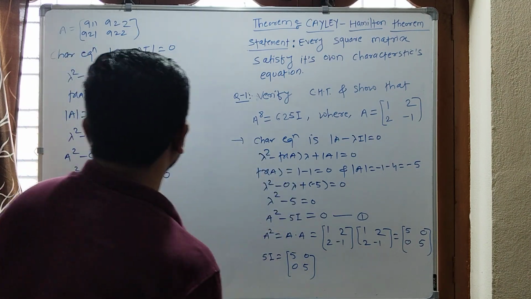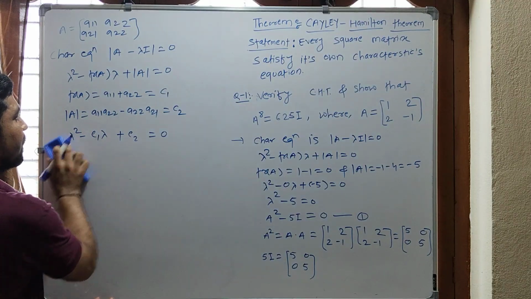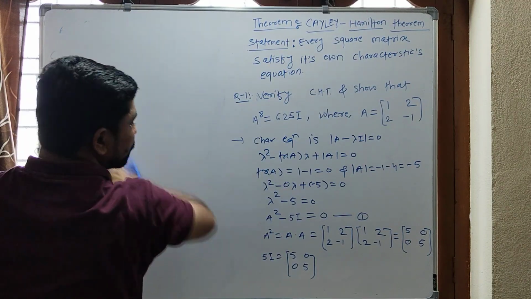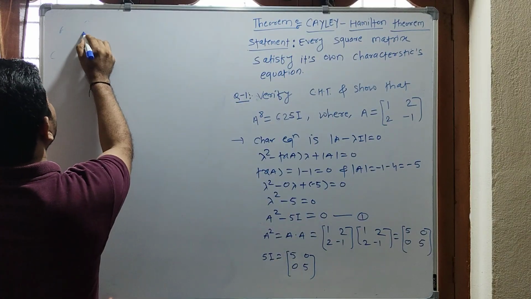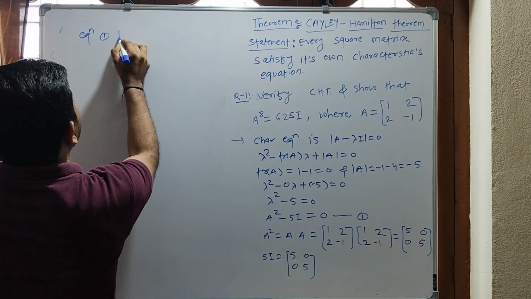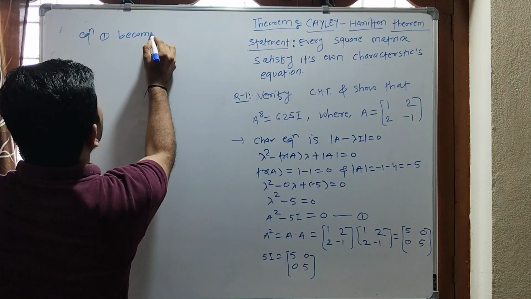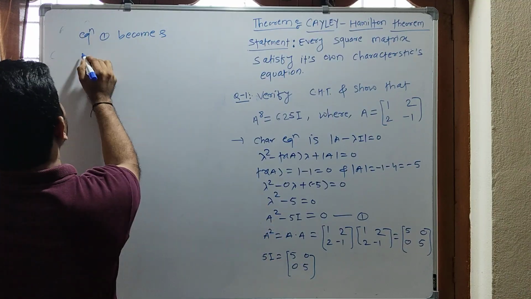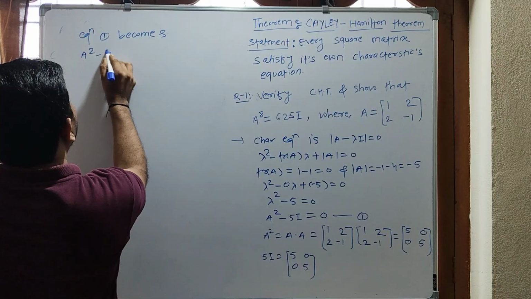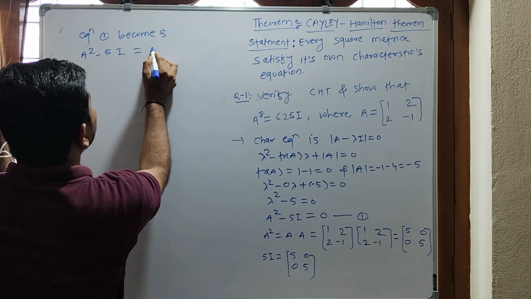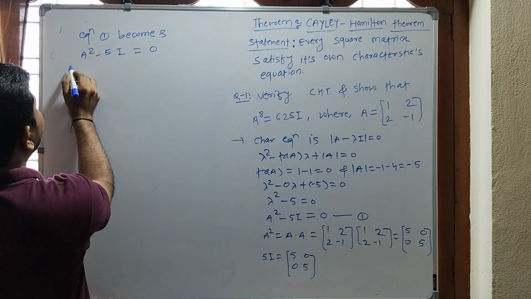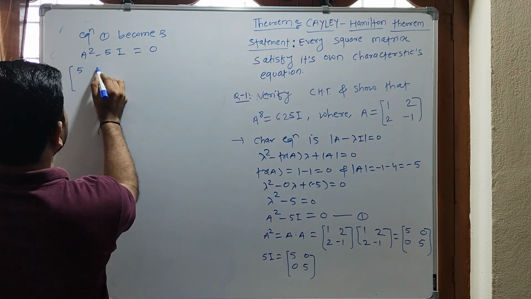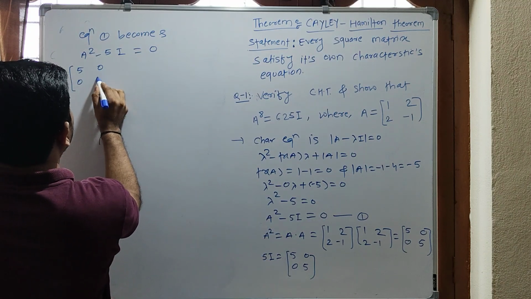Now equation 1 becomes A square minus 5I, which equals a 0 matrix of order 2 cross 2. A square is 5 0 0 5, minus 5I, that is 5 0 0 5.